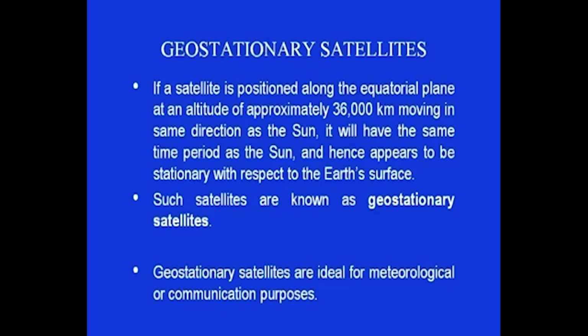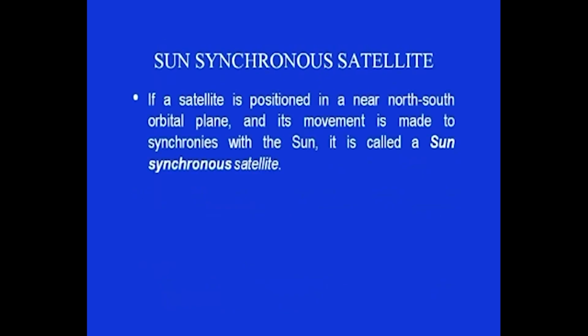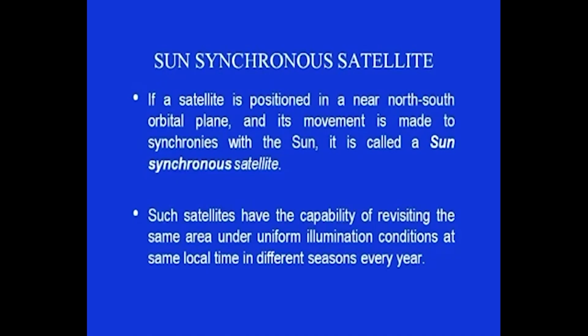The second category of platform is the sun-synchronous satellite. If the satellite is positioned in a near north-south orbital plane and its movement is made to synchronize with the sun, it is called a sun-synchronous satellite. Such satellites have the capability of revisiting the same area under uniform illumination conditions at the same local time in different seasons every year.